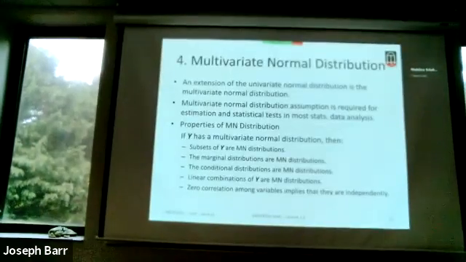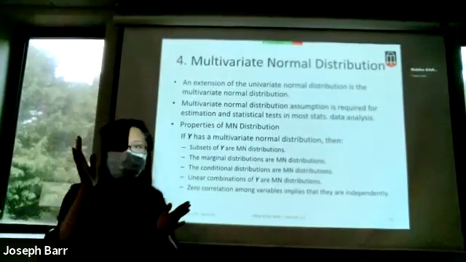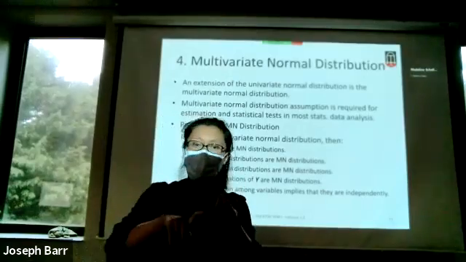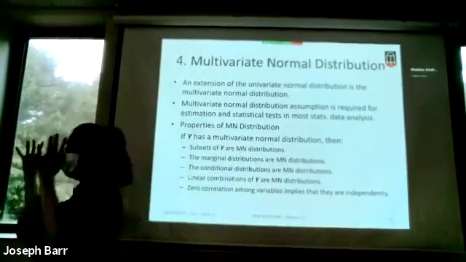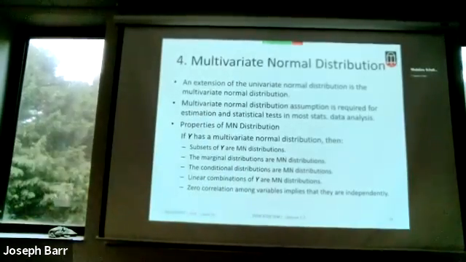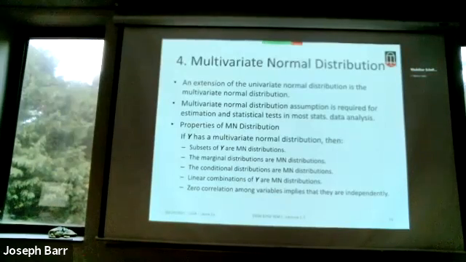So that's for the univariate normal. If we consider more than one variable, suppose we have x and y, or even z, all of these together, then we can have an extension of the univariate normal, which is called the multivariate normal. Multivariate means more than one.